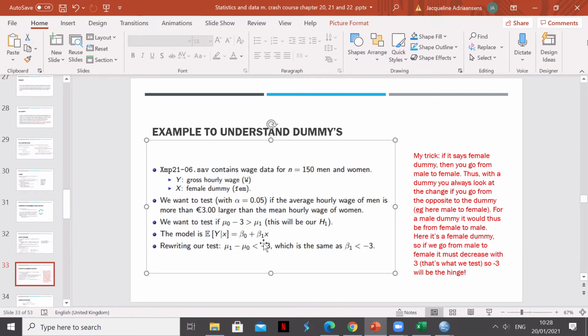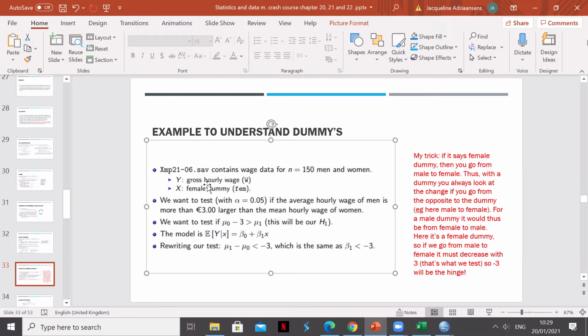Or you just say, okay, I have a female dummy, which means I have to go from a male to a female. And if I say the average hourly wage of men is more than 3 euros larger than the mean hourly wage of women, that's the same as saying that going from a male to a female, which is our direction because we have a female dummy, means that you go down in wage by more than 3.